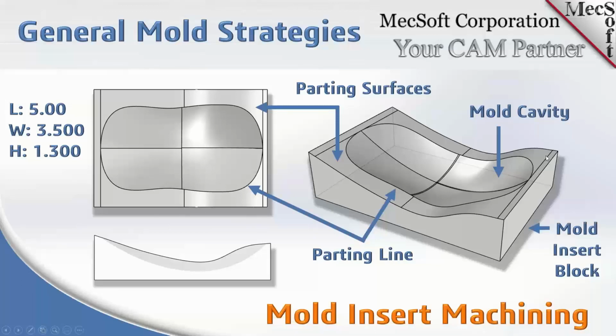And we're going to show you the best way to machine the cavity as well as the parting surface and how to protect that parting line. If you don't protect that parting line, mold makers, you understand, you're not going to be machining molds for very long. Your customer will just give it back to you and say redo it. So you don't want to do that.